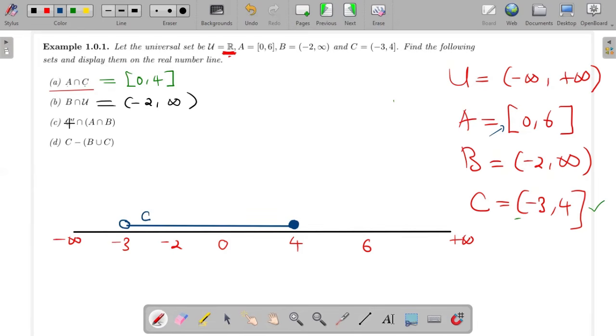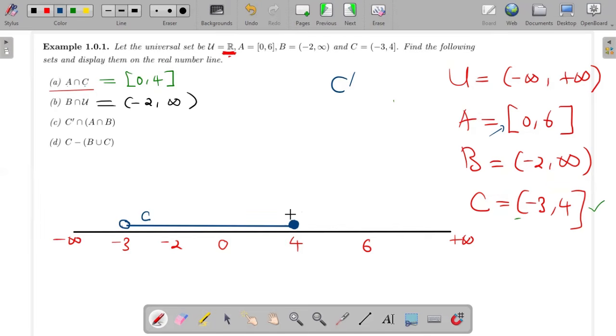But in the question, we are not interested in C, we're interested in C complement. So how do I find the C complement? I go to the end points of this set C. One end point is this 4 here, which is included in the set C, meaning that in the C complement, the 4 is not going to be there.